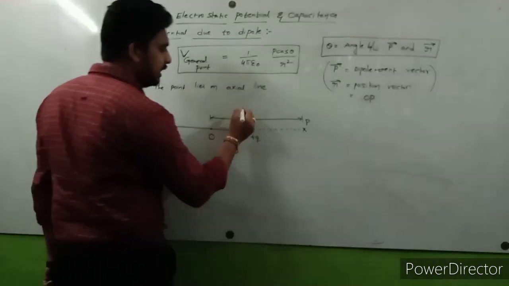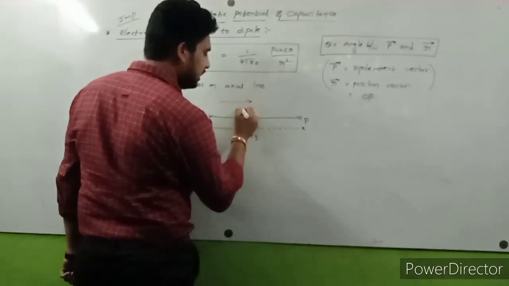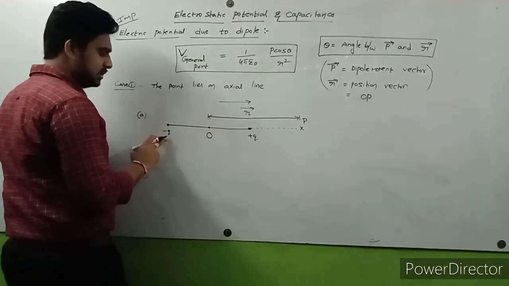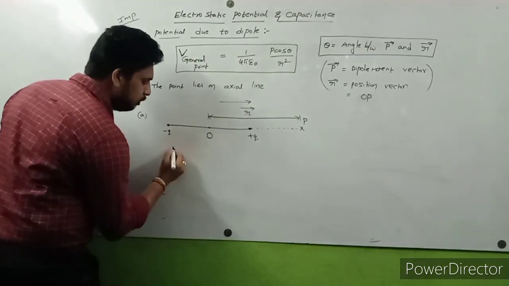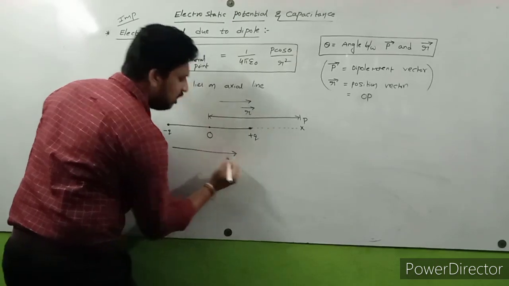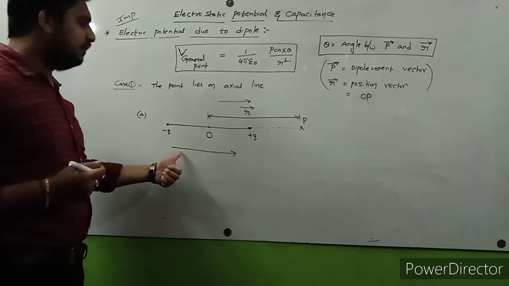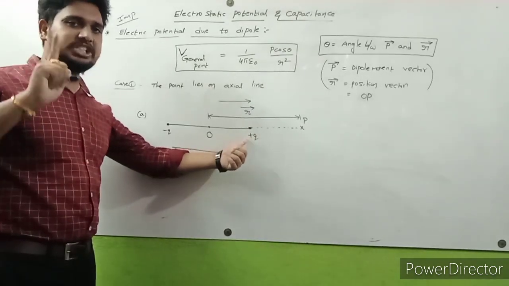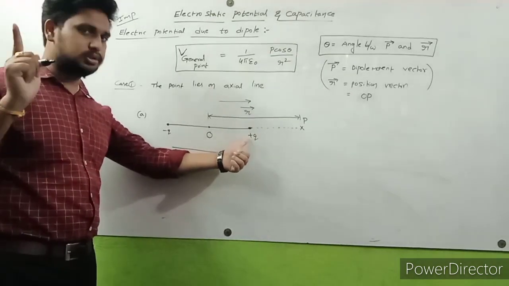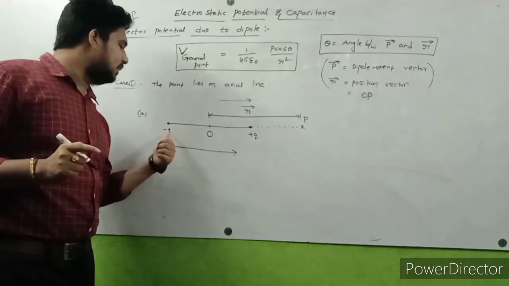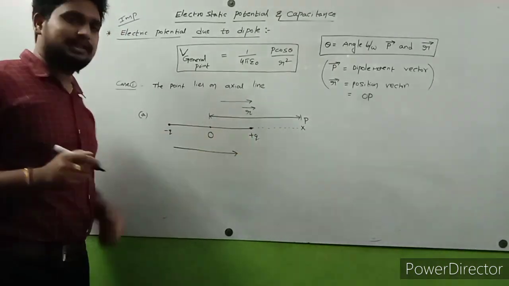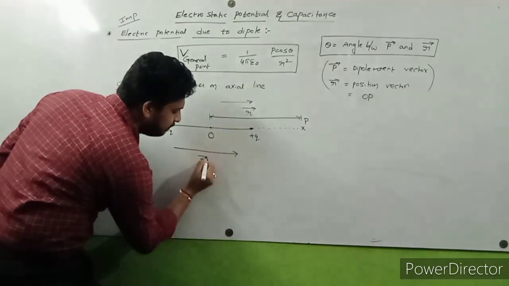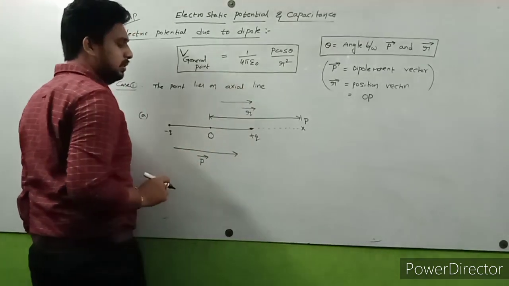This is the R bar direction. The direction of the dipole moment is always from negative to positive charge, from minus Q to plus Q. Keep it in mind.